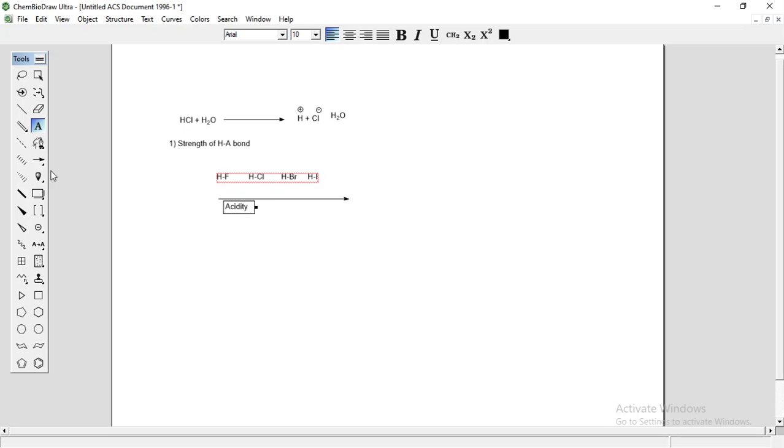Acidity increases from left to right, and the pKa value also increases from left.